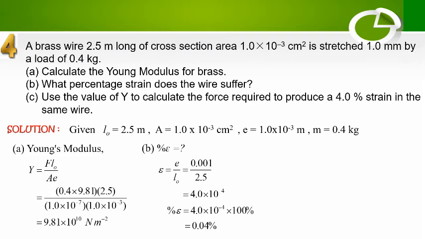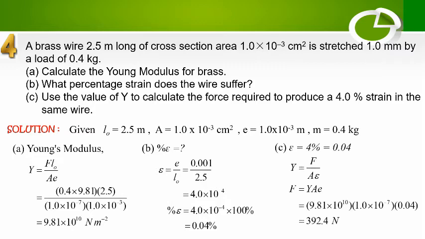For question number 4b, what percentage strain does the wire suffer? So to calculate the percentage of strain, first we need to calculate the strain. So strain is equal to E over L naught. We substitute the value, we get the strain which is equal to 4 times 10 power of negative 4. And then the percentage is equal to 0.04%. For question number 4c, we need to use the value of Y to calculate the force required to produce 4% strain in the same wire.